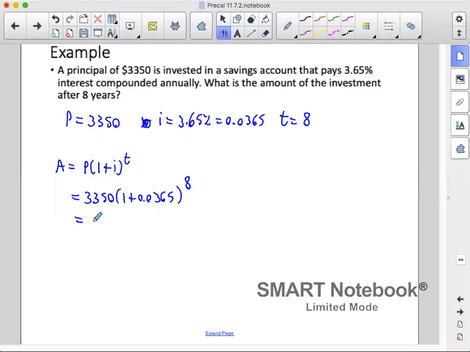Simplifying that a bit, we have 3,350 times 1.0365 to the power of 8. So we're going to take this to the power of 8, multiply it by our 3,350, and that's going to give us 4,462.72.